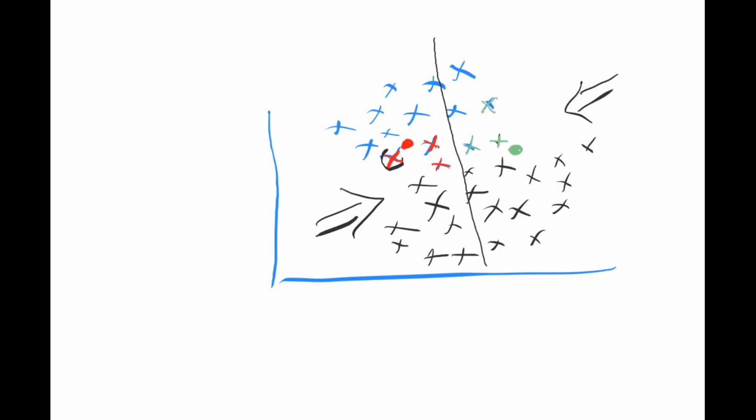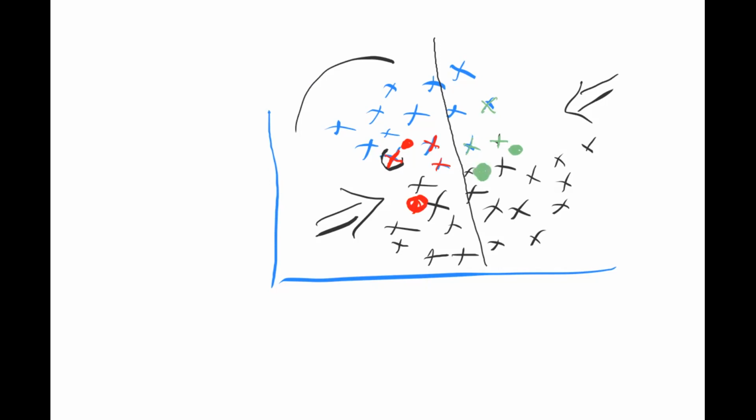Then the algorithm is going to take all those red ones and calculate the mean. That's why the algorithm is called k-means. It's going to find the mean, or the center. Let's say the center for all those is maybe somewhere here. And then the same thing for all the green: it's going to find the center, maybe somewhere here, for example.